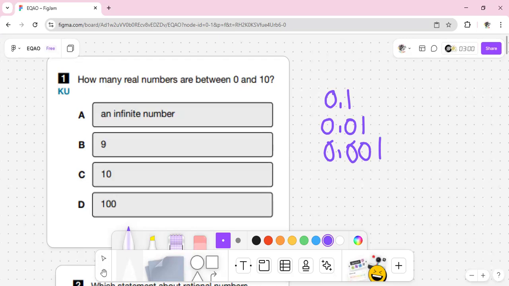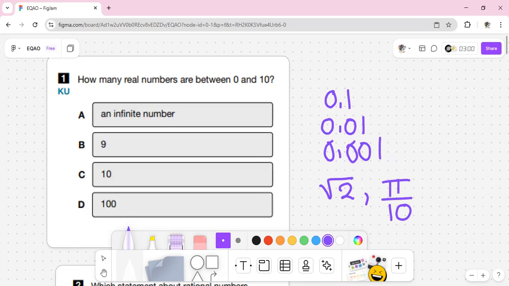When we're talking about the realm of real numbers, we have to consider irrational numbers as well, such as root 2 or pi over 10. As you've done the course, you've been introduced to irrational numbers.